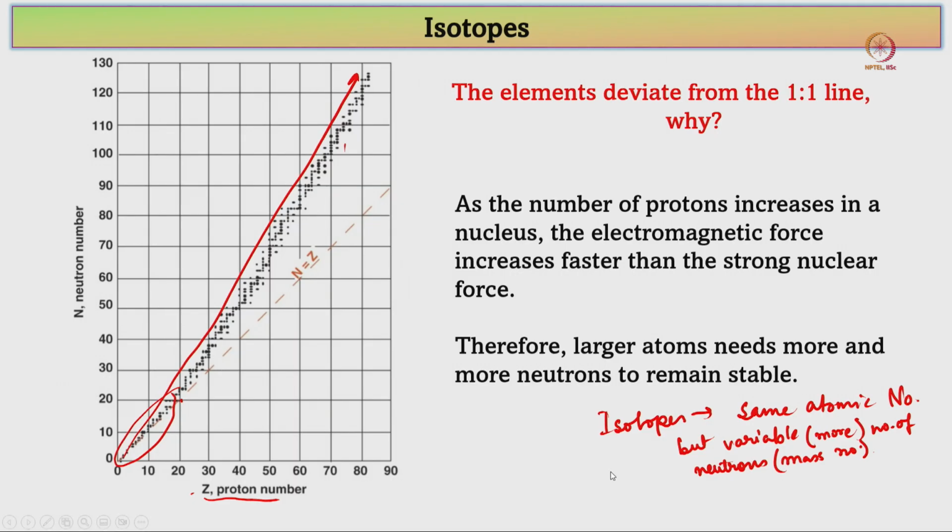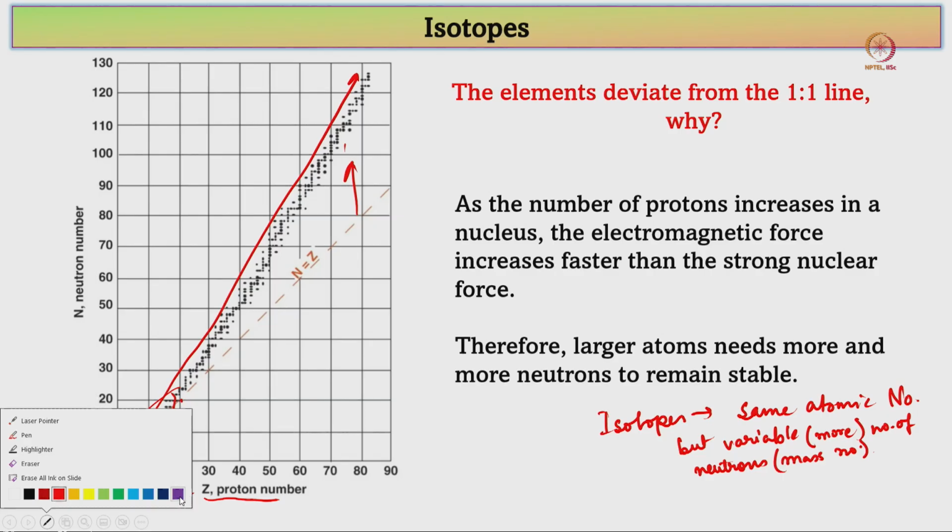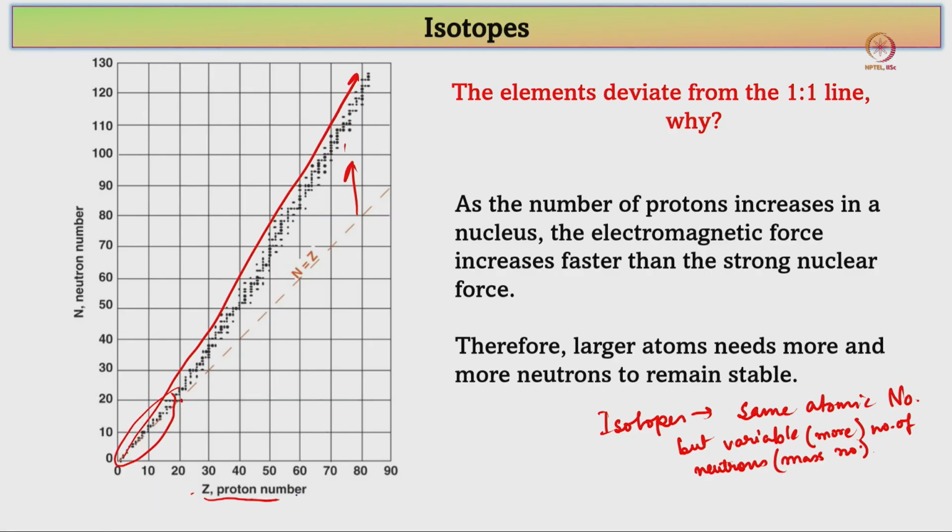So, as you see, it is very steeply increasing as we go to higher atomic numbers. So, the question arises, why are we deviating from this 1:1 line?